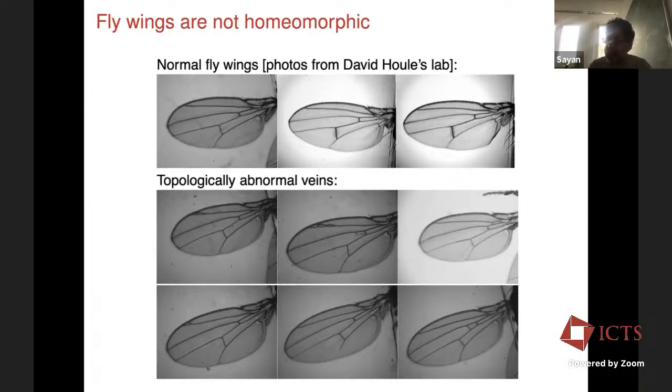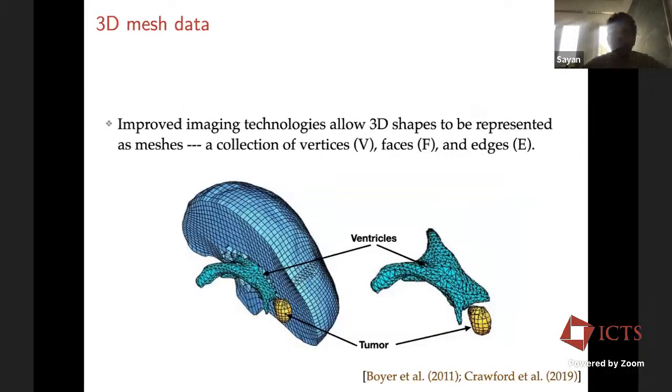And the problem is you might have extra veins, you might lose some of the veins, you might get extra areas, right? So how do you model that? How do you model things that are fundamentally qualitatively different?